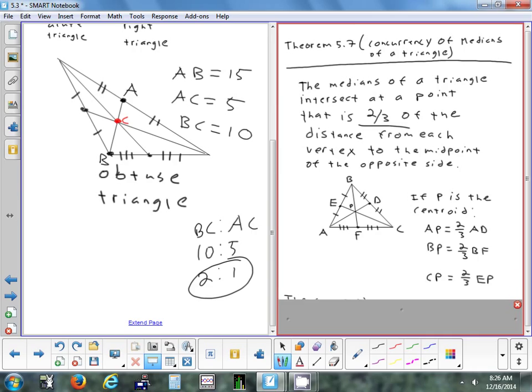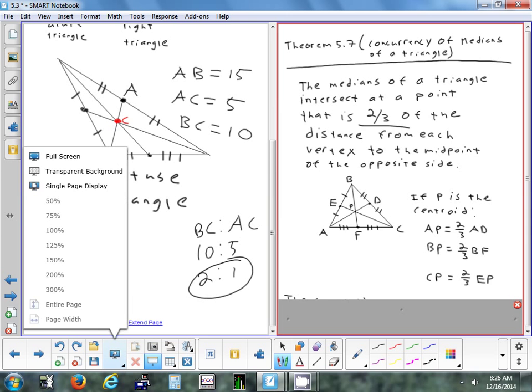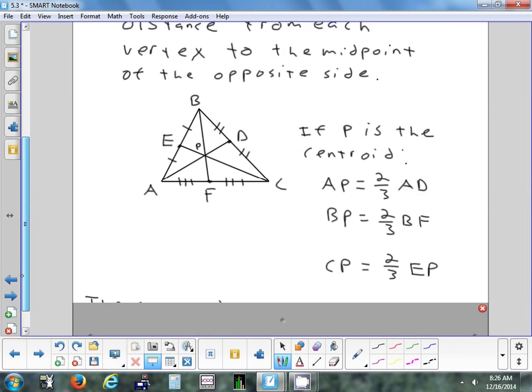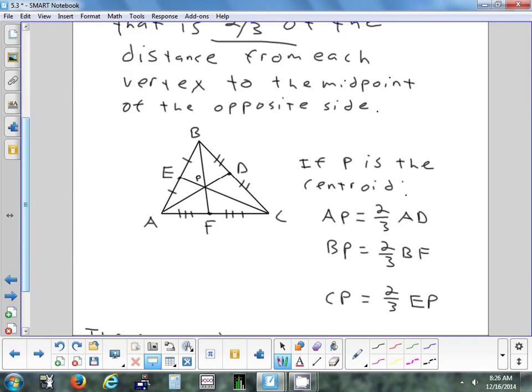So here's saying the same thing that I just did with numbers, except without using specific values. Look at segment AP. AP is 2/3 of AD. AD is the median, and AP takes up 2/3, DP takes up 1/3.